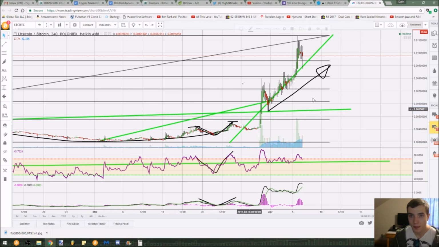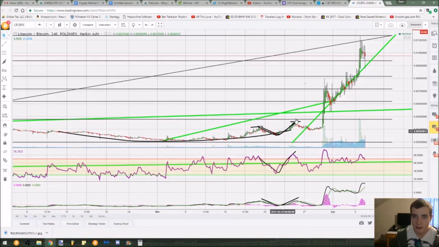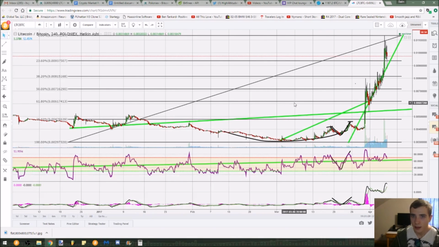So like, this is a pretty clean chart right here. All I've pointed out is that I see a V shape, which is bullish. Here's a support trend, here's a support trend, and here's a support trend. And then I put Fibonacci for support and resistance lines, like horizontal lines.